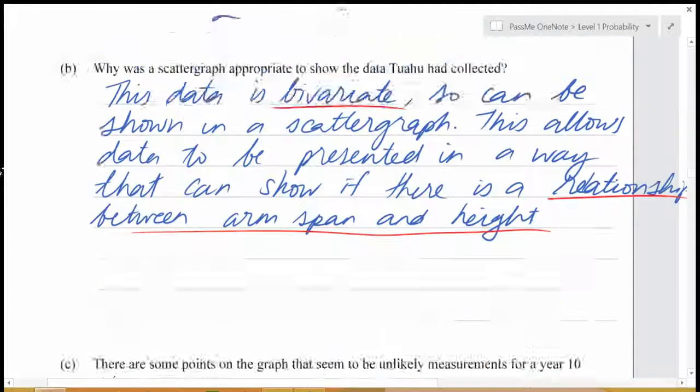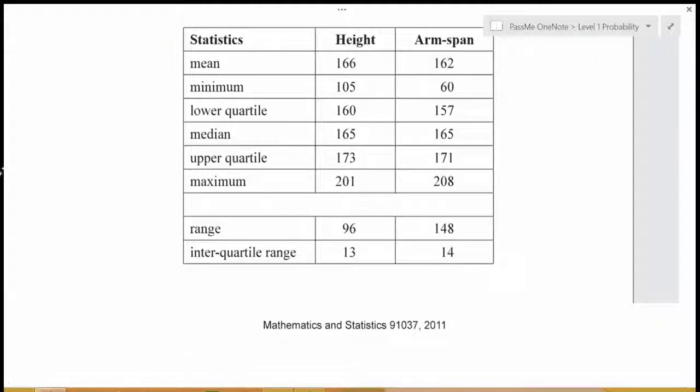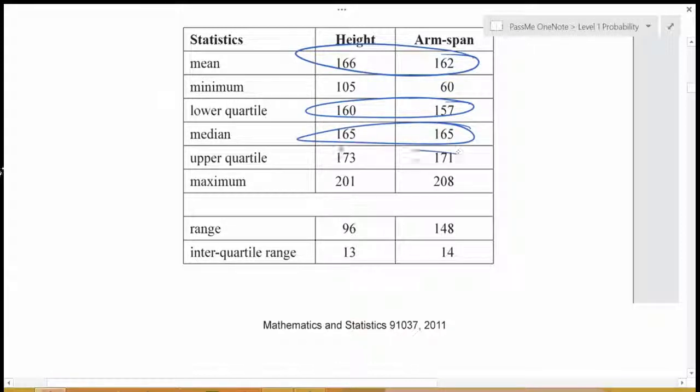So perhaps we could just look at the statistics in the table, and just looking at here, we appear to have similar mean. Our minimums are a bit different, but our lower quartiles are similar, medians are the same, upper quartiles are very similar, even our maximums are very similar.